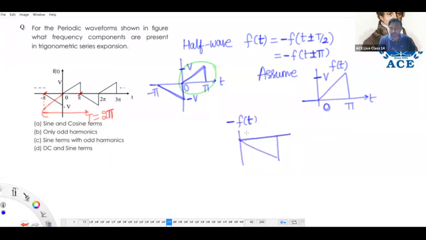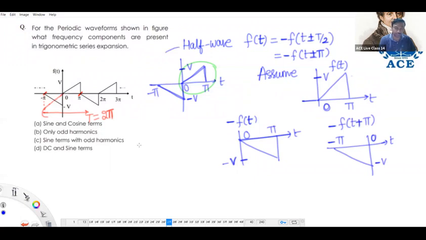Amplitude scaling. Later on, left shift of pi units. If you take a left shift of pi units, it extends from minus pi to 0. So by taking the upper segment as reference, we got the lower segment. So 100% it satisfies half wave symmetry.